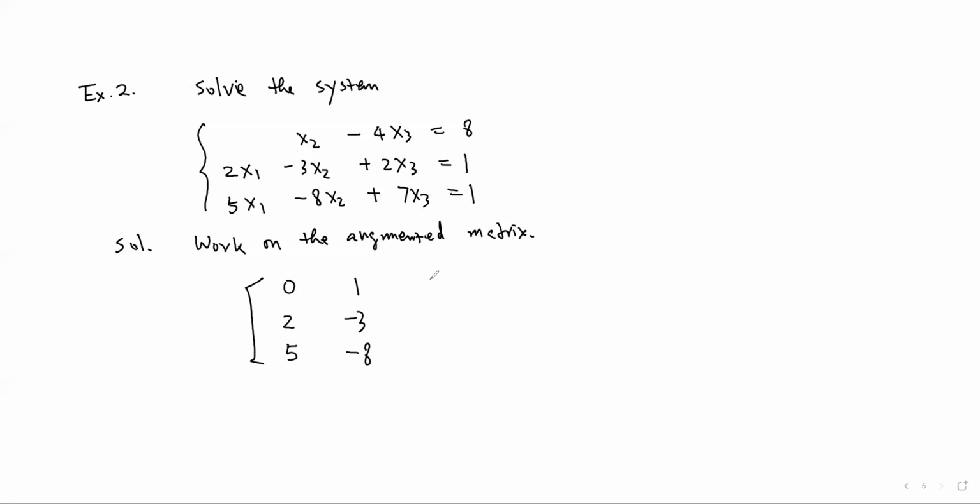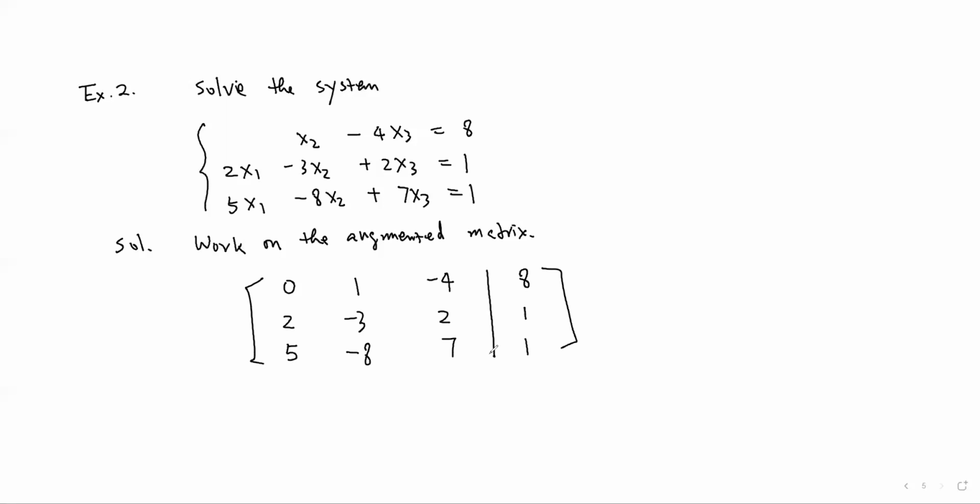The third column: -4, 2, 7. The last column is the right-hand side: 8, 1, 1. Usually we separate the right-hand side from the coefficient part by a vertical line.